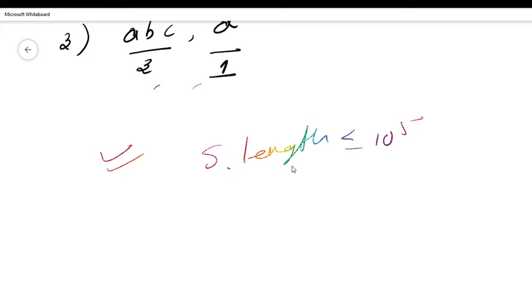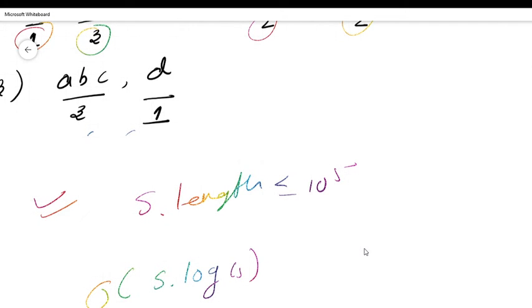In this case, the solution they're going to accept will be either O(s log s) or O(s). So we need to come up with a solution of this time complexity to get it accepted, right?